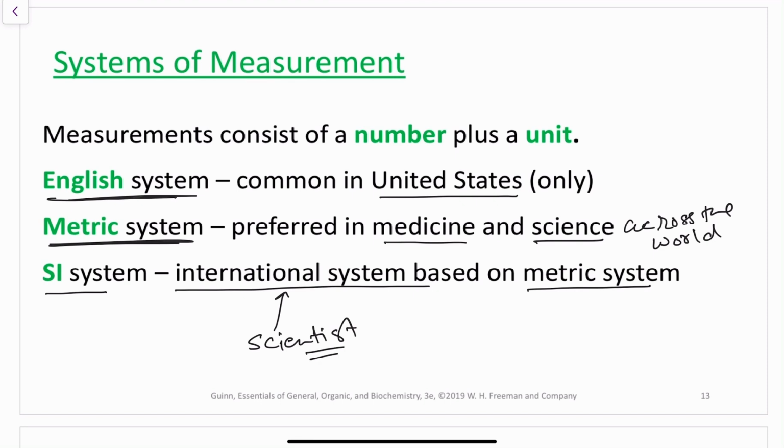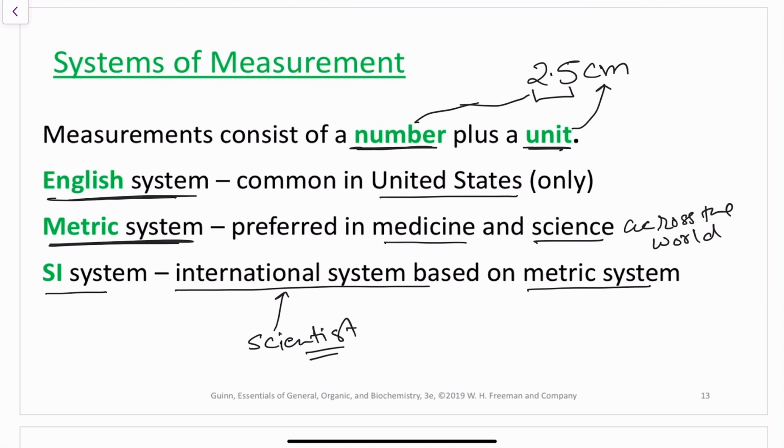Right. Then the next thing is, whenever you measure something, you will have two parts. One is called a number and the second part is a unit. For example, if you want to measure, let's say, a pen using a ruler, you normally write something like this, 2.5 centimeters. So this 2.5 is your number and centimeter is your unit, right?